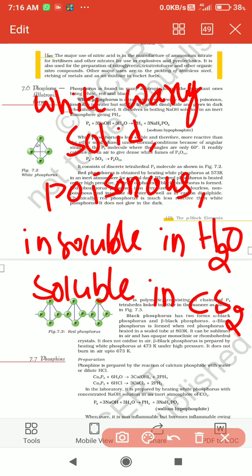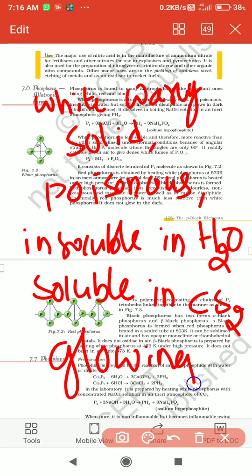White phosphorus glows in the dark, so at night it glows.